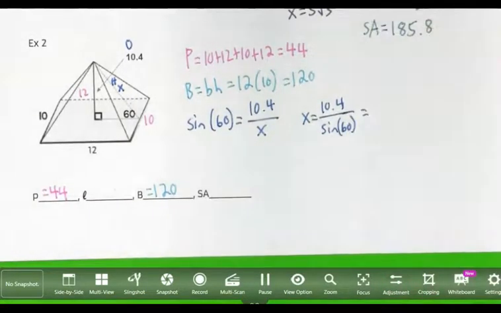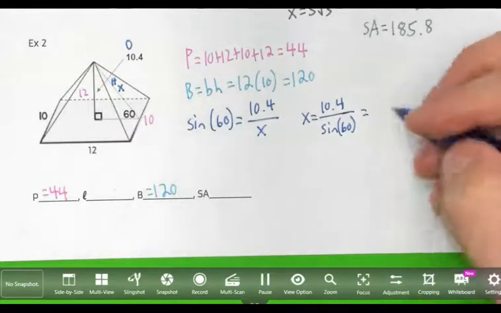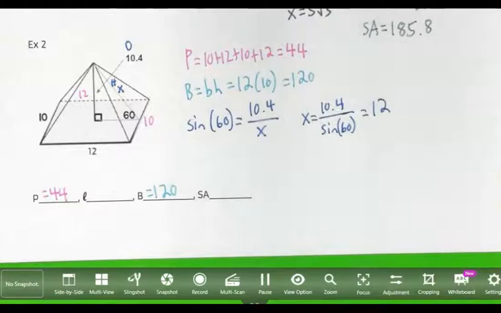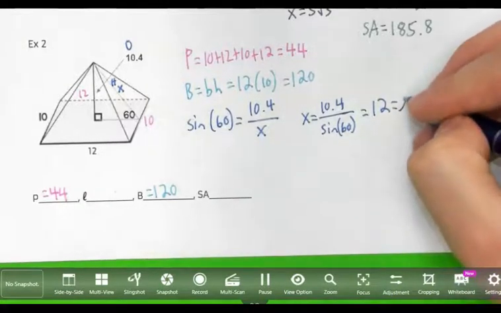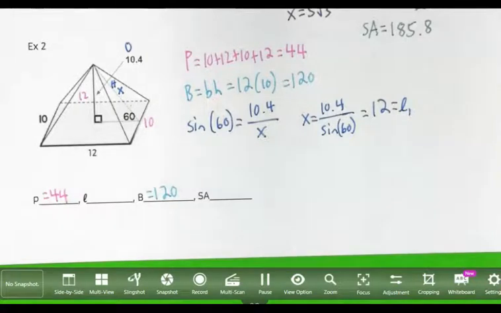Let's go ahead and put that in our calculators and see what we get. So 10.4 divided by sine of 60. And this is incredibly close to 12, so we will just round that to 12. So I'm going to call this L1, meaning that this is our first slant height. Right? Now let's go ahead and take a look at our other slant height.